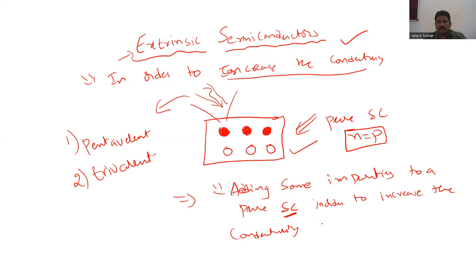Adding some impurities to a pure semiconductor in order to increase the conductivity is known as doping. The type of impurities, whether pentavalent or trivalent, whatever impurities we are adding, are called dopants.